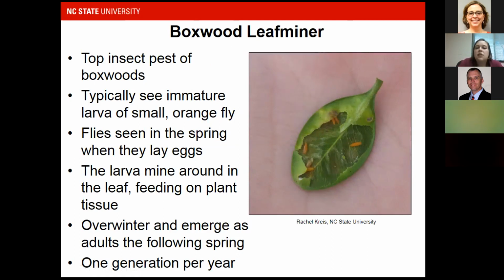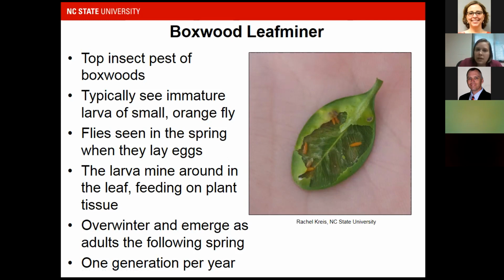Typically the flies are seen in the spring. They lay the eggs and then the larvae feed on the plant tissue. They overwinter and will emerge as adults the following spring, and there's only one generation per year.